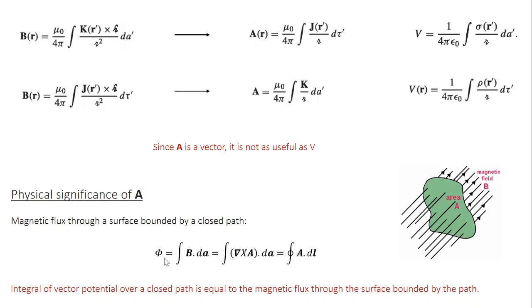So the magnetic flux through this surface equals the closed integral of A dot dl. So the integral of the vector potential over a closed path is equal to the magnetic flux through the surface bounded by the path. So the magnetic vector potential is related to a physically measurable parameter, which is the magnetic flux.